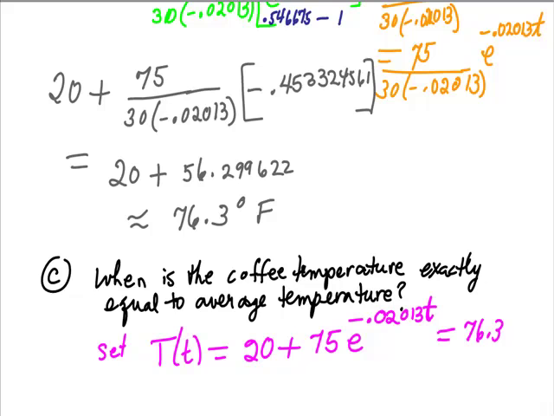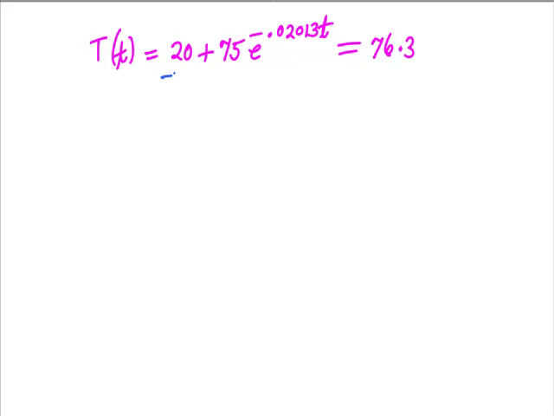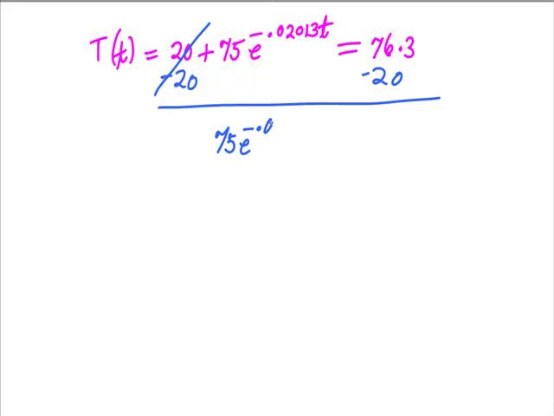We want to find out at what time is it exactly equal to that average. So I'm going to go to the next page. So we're going to subtract 20. And we get 75 e to the negative 0.02013t is, 20 from that is 56.3.